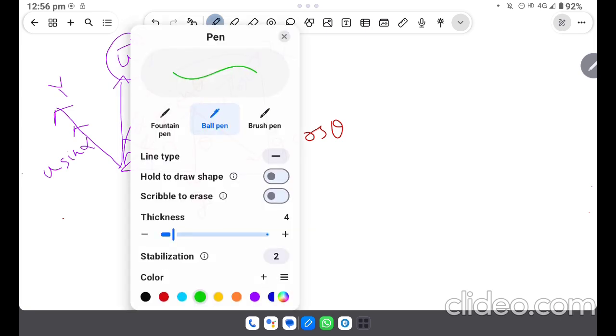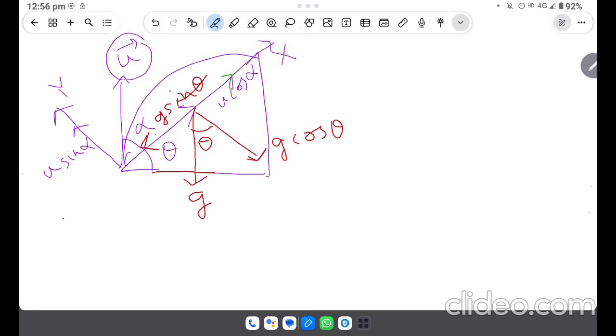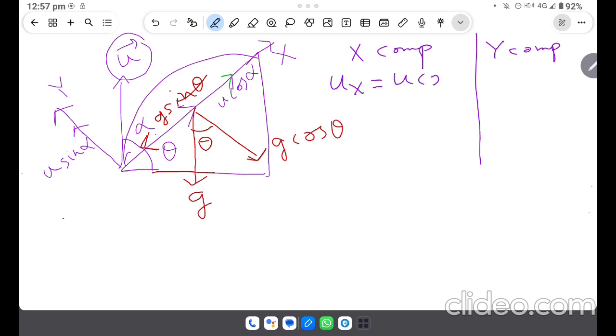So U cos alpha is the x component of the initial velocity. So the x component of the initial velocity is ux, which is U cos alpha. The y component of the initial velocity is uy. So we write uy is equal to u sin alpha.